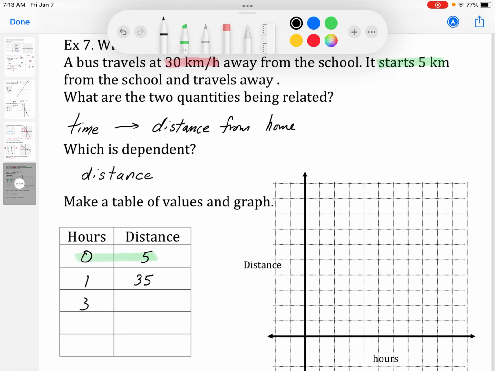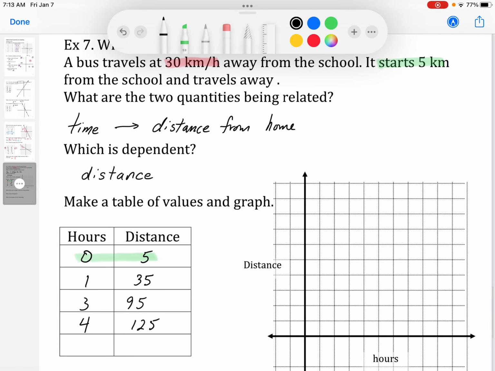After 3 hours, they've traveled 30 kilometers an hour, so that's 90 kilometers, plus the initial 5 kilometers is 95 kilometers now. And I'm just going to put in 1 more hour here. At 4 hours, they've traveled now 125 kilometers away from home.